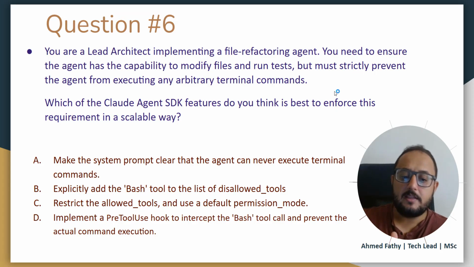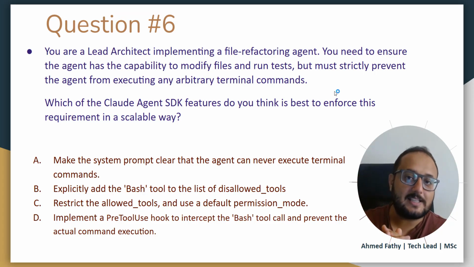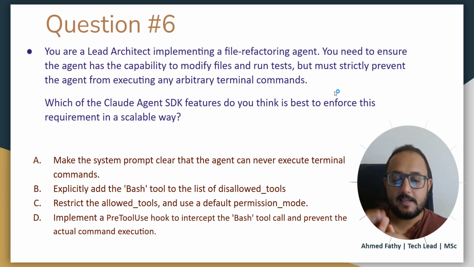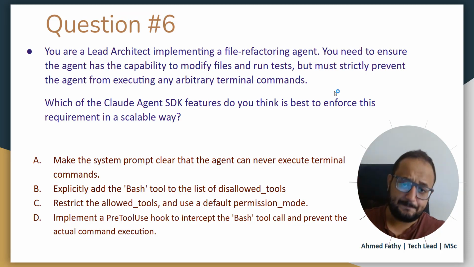A, make the system prompt clear that the agent can never execute terminal commands. B, explicitly add the bash tool to the list of disallowed tools. C, restrict the allowed tools and use a default permission mode. And D, implement a pre-tool use hook to intercept the bash tool call and prevent the actual command execution.